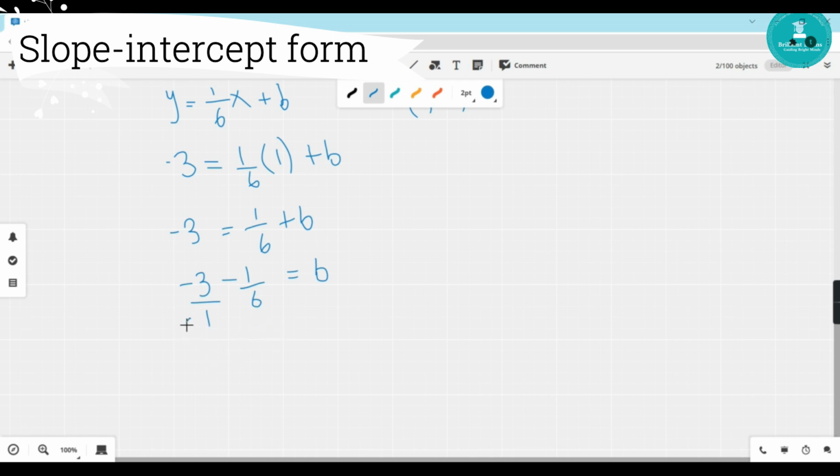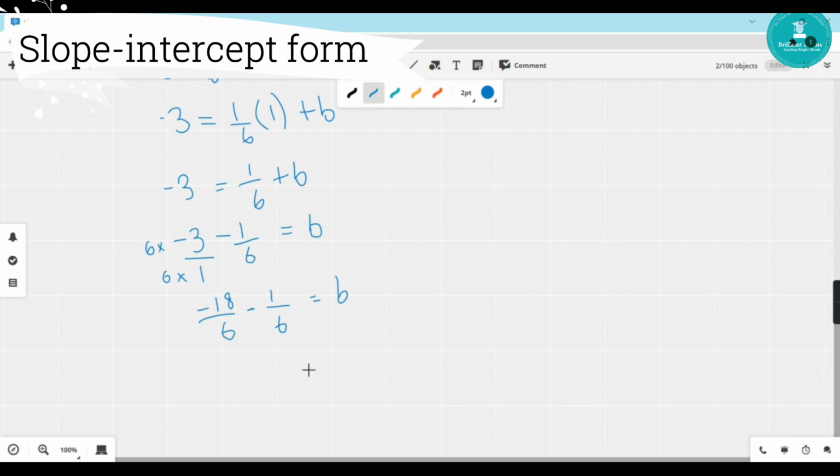It means I'm going to multiply this one by 6, and I will be doing the same thing with the numerator, multiplying it by 6. 6 times -3 will give you -18 divided by 6, and minus 1 by 6 equals b. Now we have the same denominator.